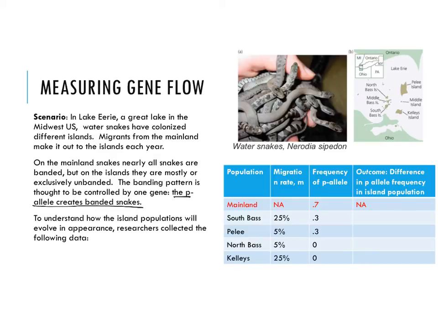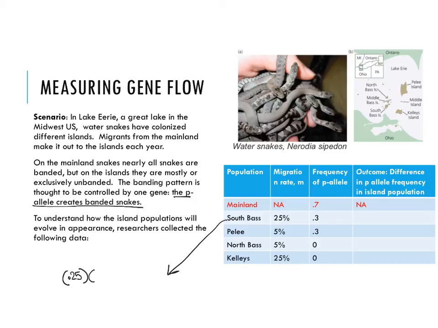So let me show you how to do this. So I'm going to do South Bass. So the migration rate is 25%, so that'll be 0.25 times the difference between the mainland frequency and the frequency of the allele in the current population.